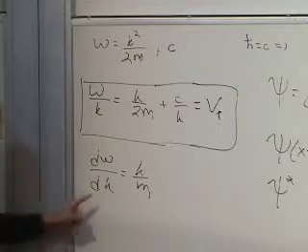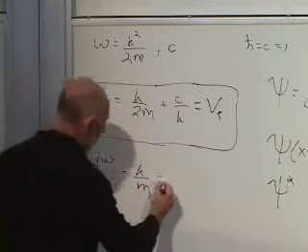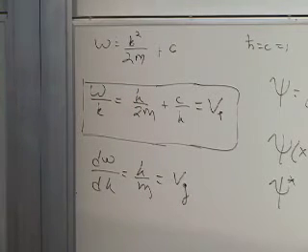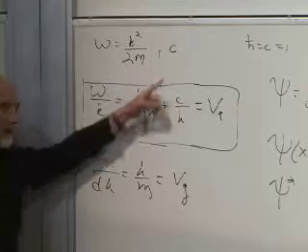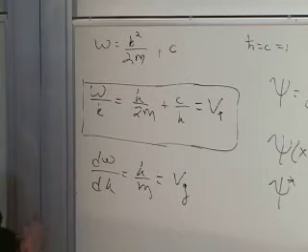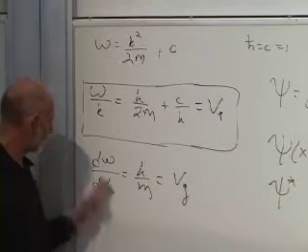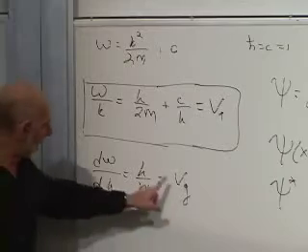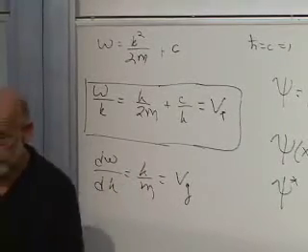Zilch. Okay? This is the group velocity, v group. And notice two things. The group velocity does not depend on this extra additive thing that I put into each frequency, number one. And number two, it's exactly the velocity of a non-relativistic particle, momentum divided by mass.